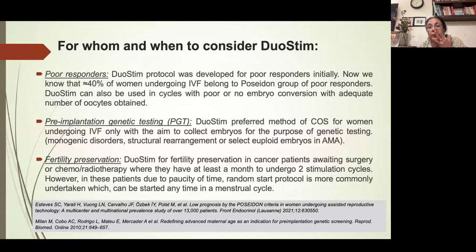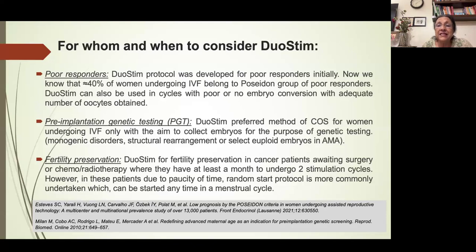And hence, PGT-M and PGT-SR for monogenic disorders and structural rearrangements.